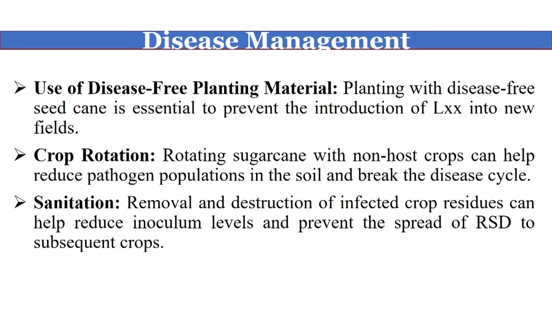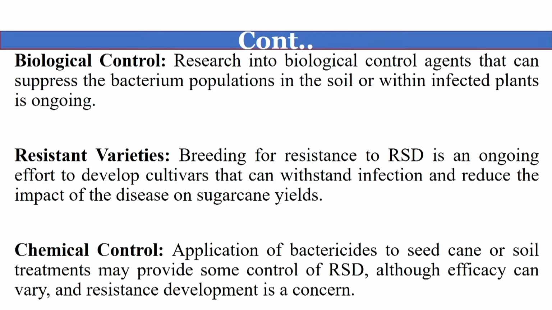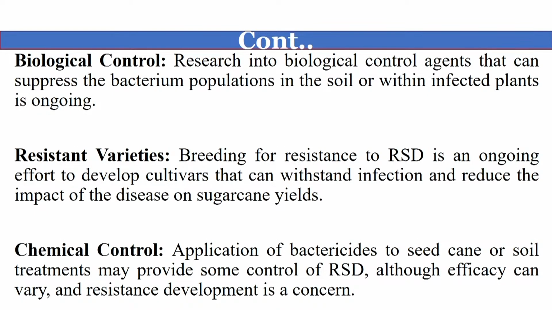Sanitation is another important practice: removal and destruction of infected crop residues can help reduce inoculum levels and prevent the spread of RSD to subsequent crops. Dear learners, biological control is another means, using agents that can suppress the bacterium population in the soil or within the infected plant, which is ongoing.